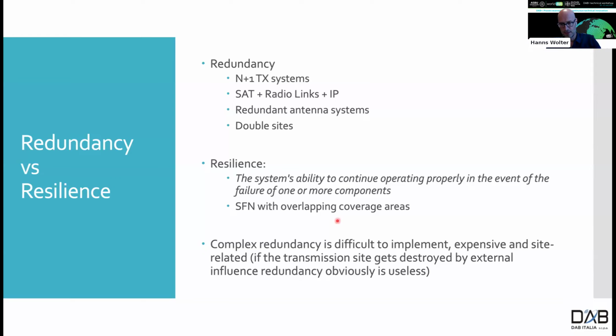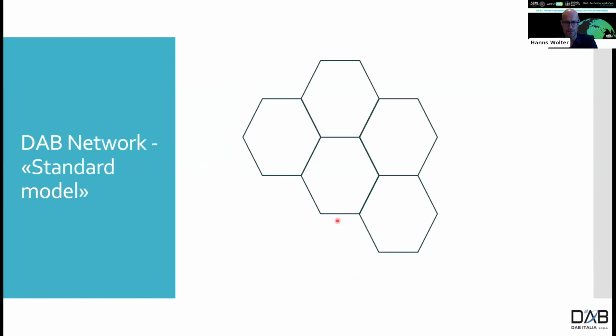Currently, we are running 280 DAB transmitter sites, and we have to accept some risks and try to mitigate them. We cannot afford to have double the number of transmitters, double the number of antennas, and so on. Therefore, we are now considering this resilience approach.